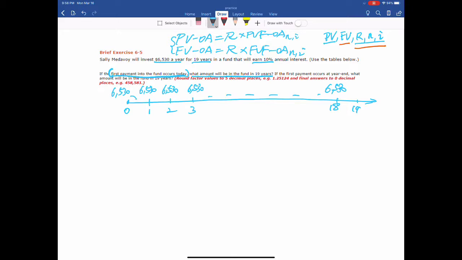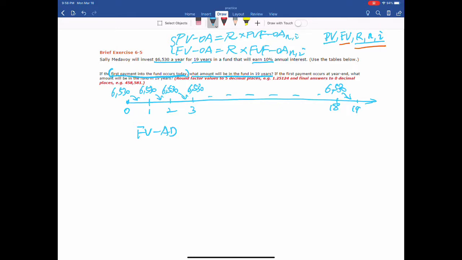So this represents the payment of this period. So basically we know it is what? Annuity due. Okay, so this is an annuity due. It asks us what amount will be in the fund in 19 years. Basically, it asks for the future value of an annuity due.